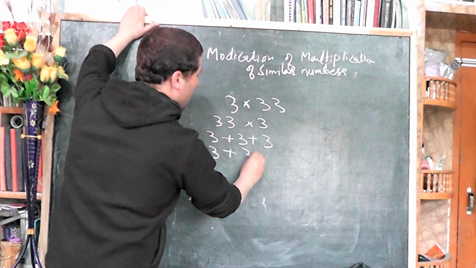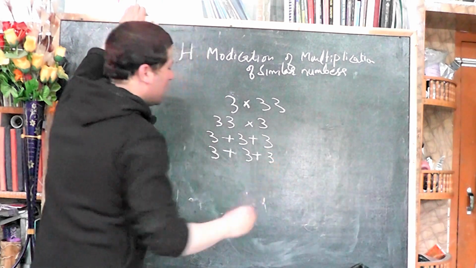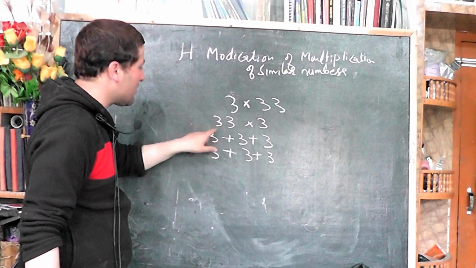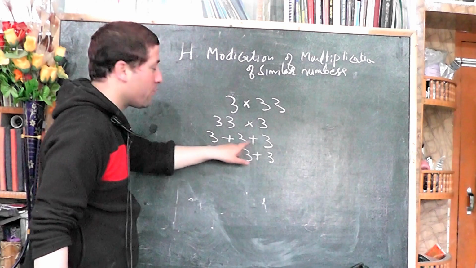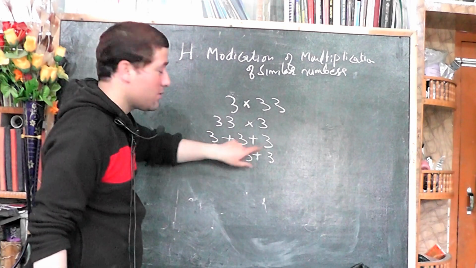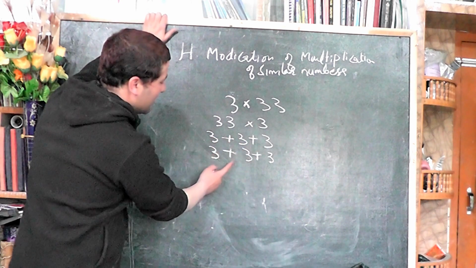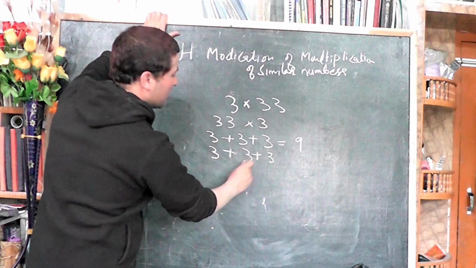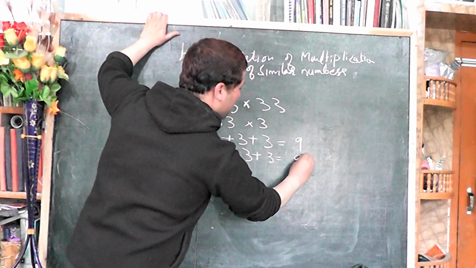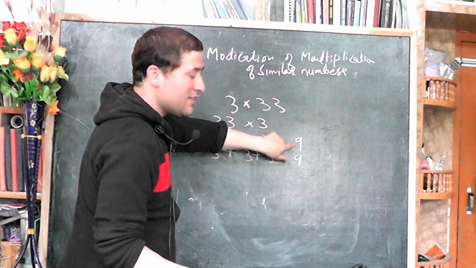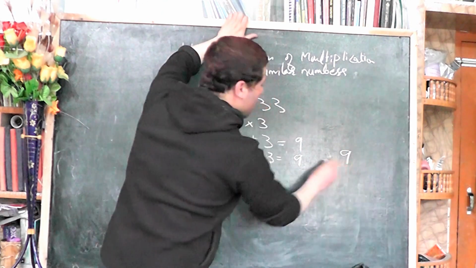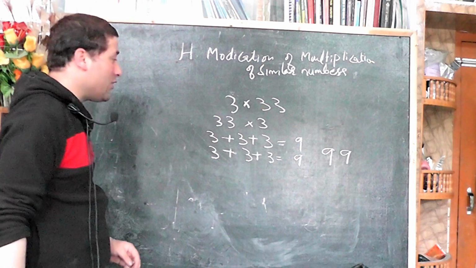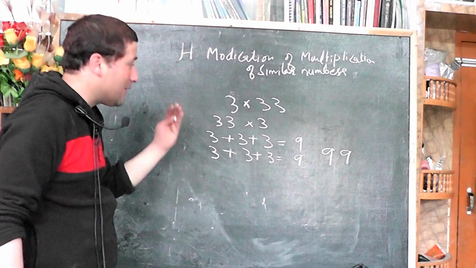If you reduce it, it's 1 added 9 times or 3 added 3 times. So the result of the first line is 9 and the result of the second line is exactly 9. So we first bring this 9 and then this 9. So this becomes 99.